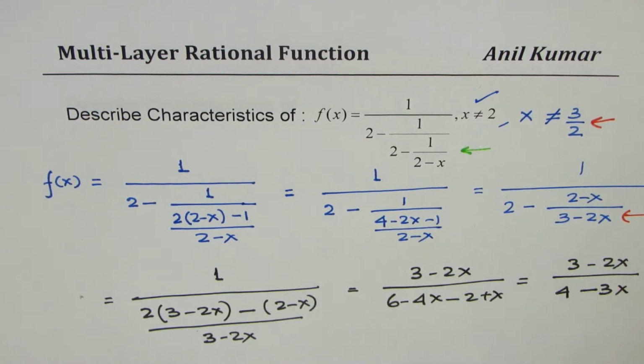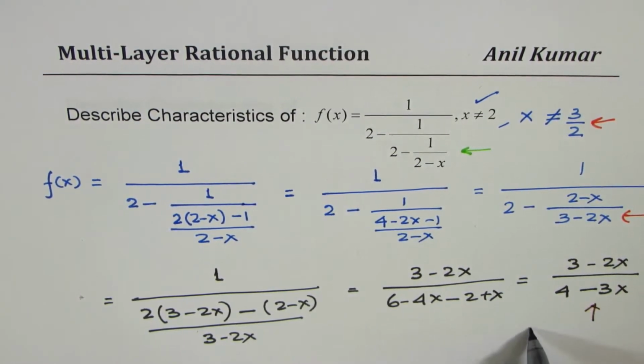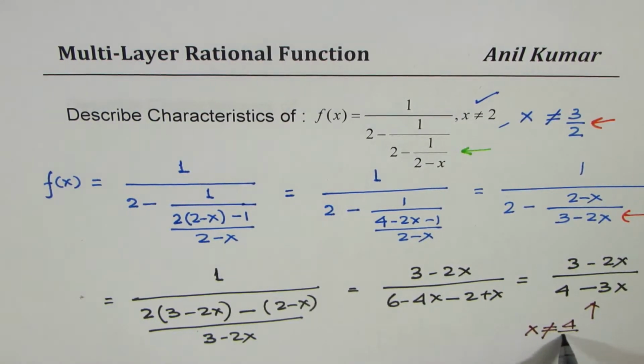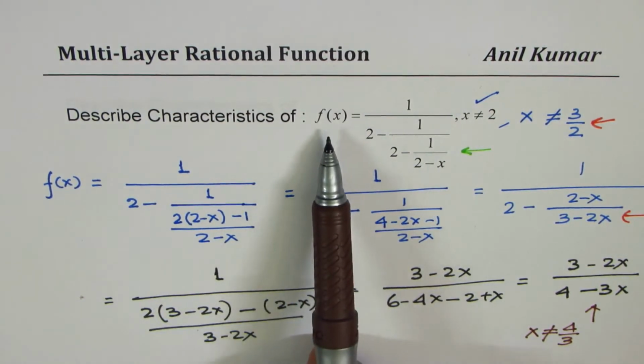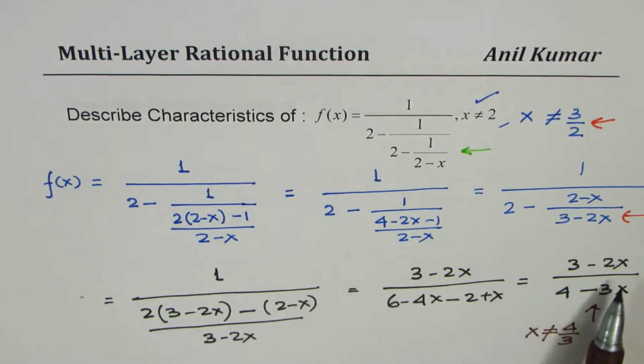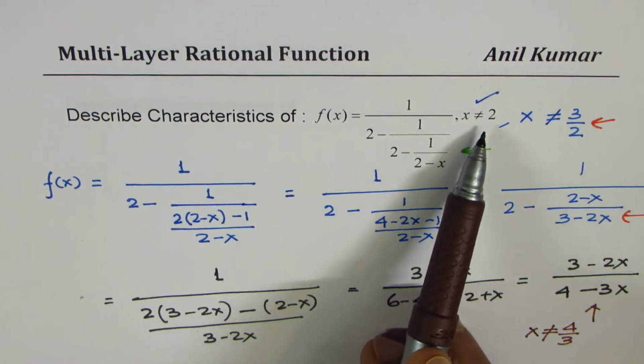However, here we have introduced one more restriction. Perfect. Now this restriction is that x is not equal to 4 over 3. Do you see that? So what we can say from here is that the given function is equal to 3 minus 2x divided by 4 minus 3x, where x has some restrictions. x cannot be equal to 2.